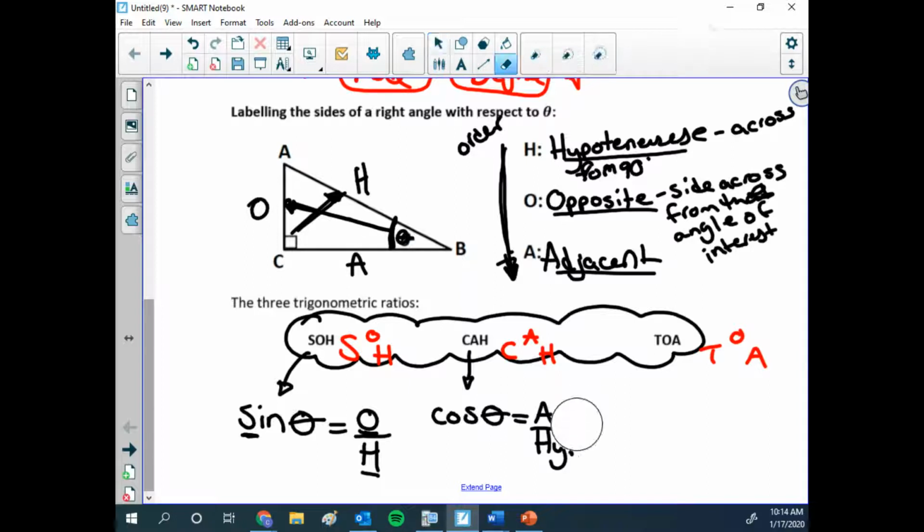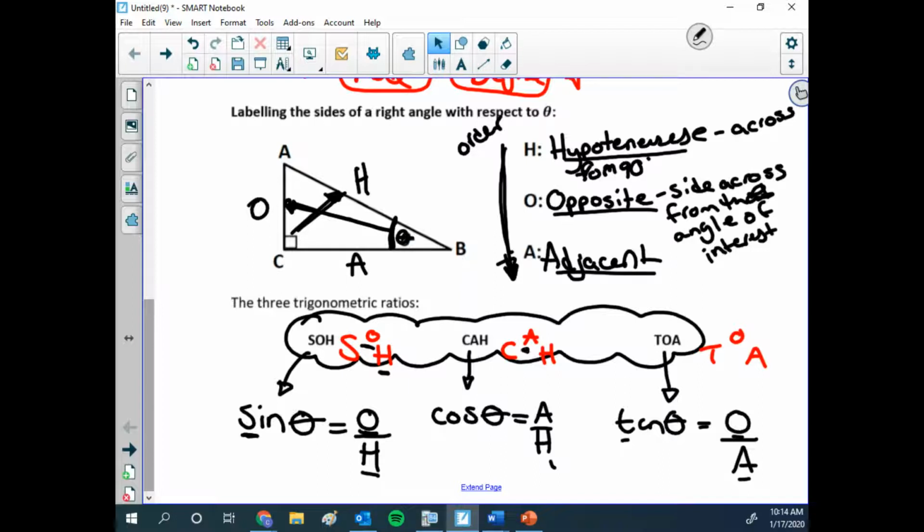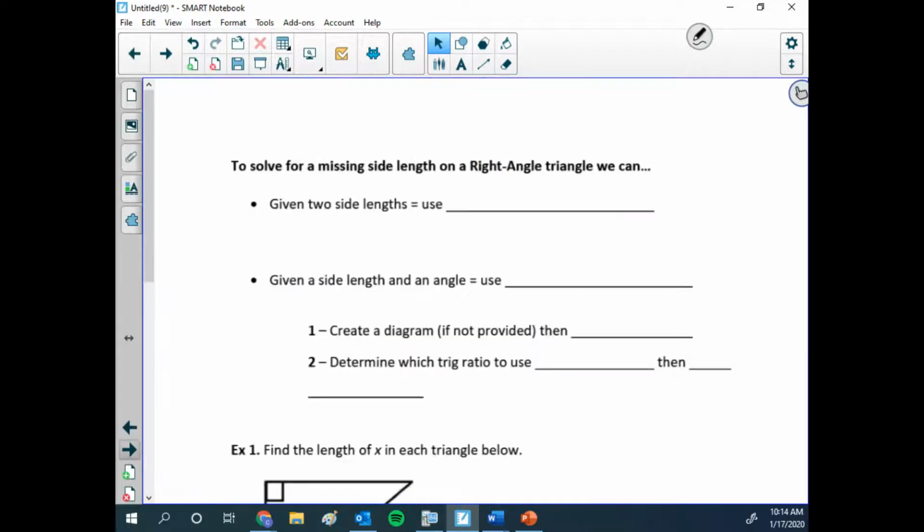And TOA is tan of theta equals O over A. You need to be able to create those three formulas given the mnemonic device. So O over H, CAH is A over H, and tan is O over A. You have to be able to produce those formulas for yourself. Good. Any questions? So far, so good. Kind of remember everything? Okay.